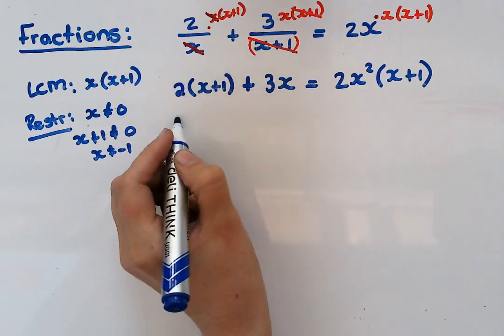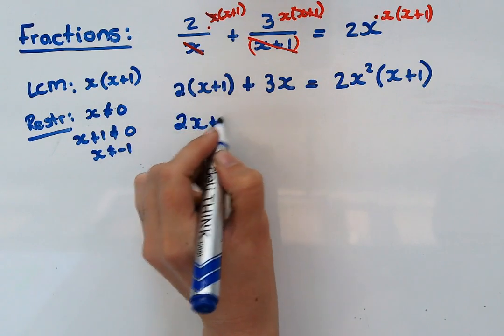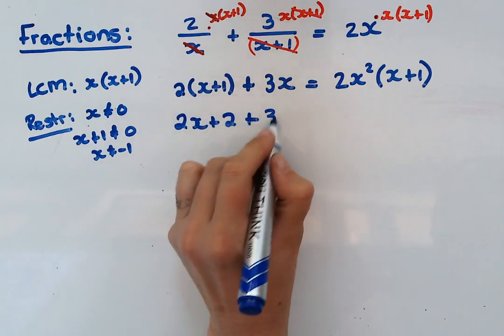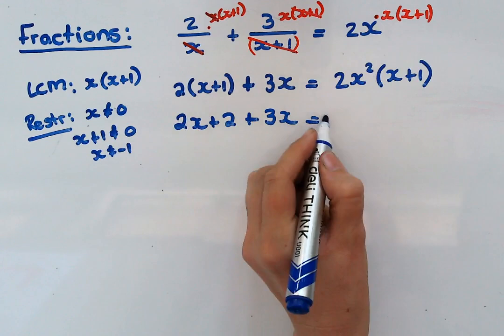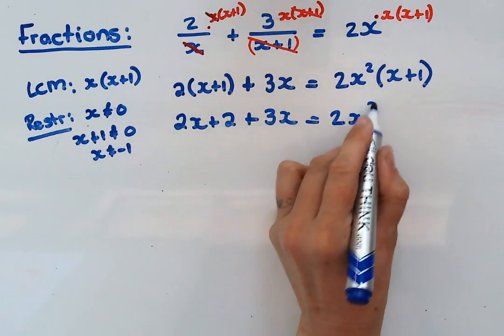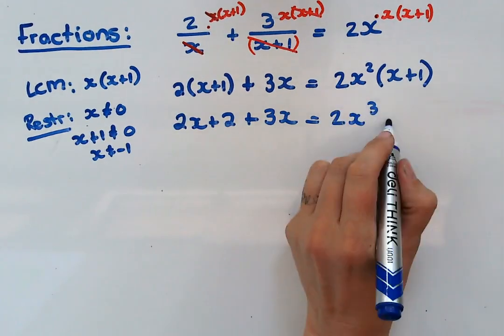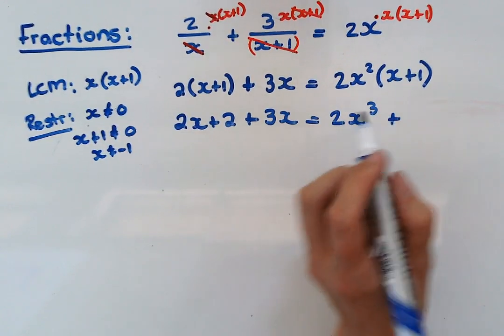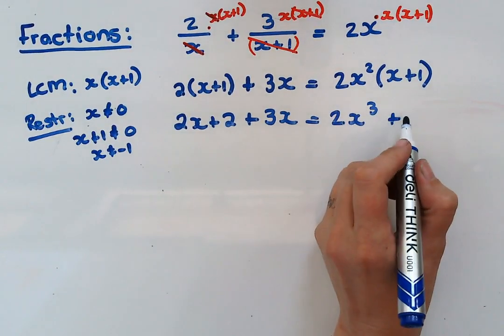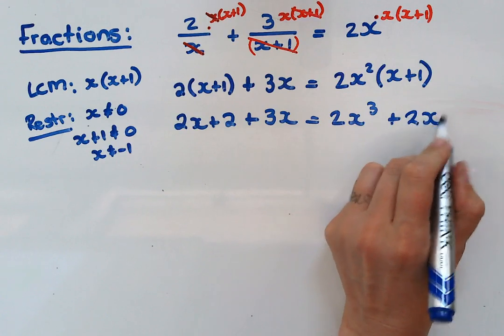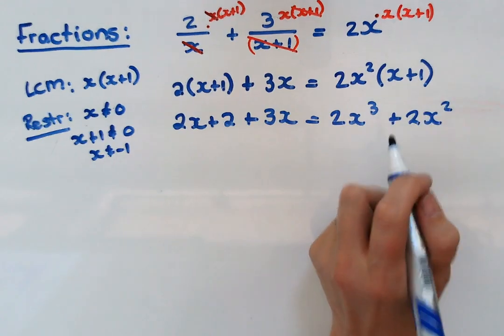I'm just going to multiply that in. And then you decide, is this linear or is this quadratic, and then depending on what it is, you're going to do that procedure. And I see x cubed here, which is not something that we've discussed.